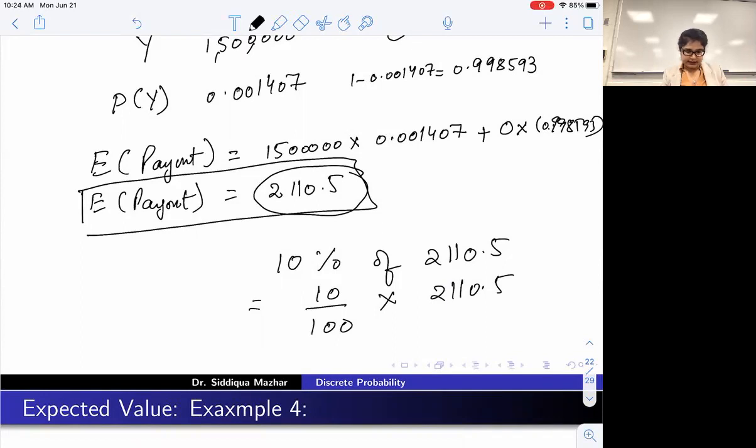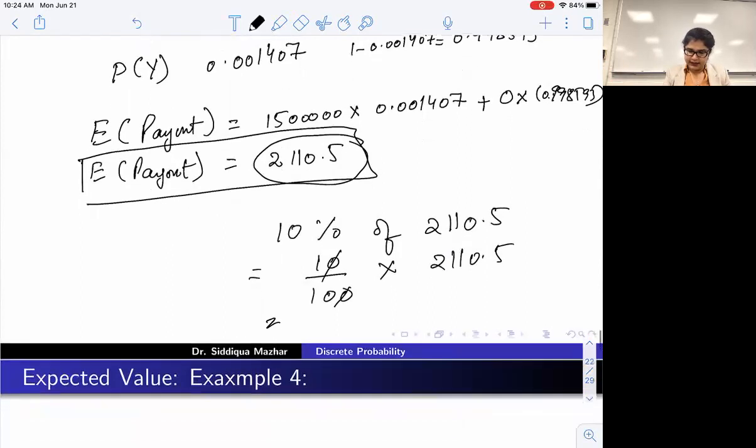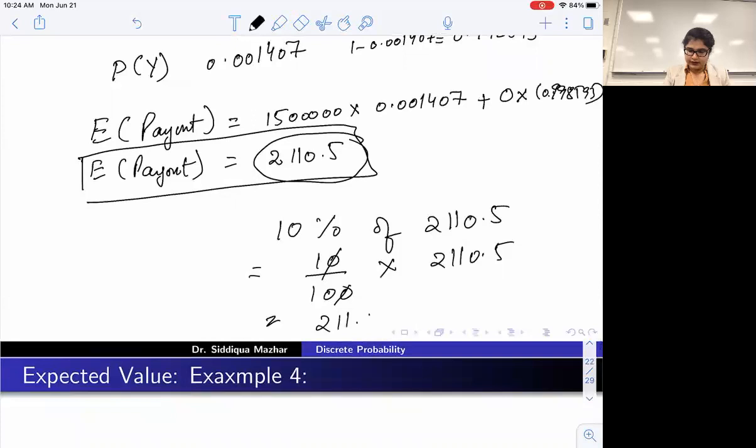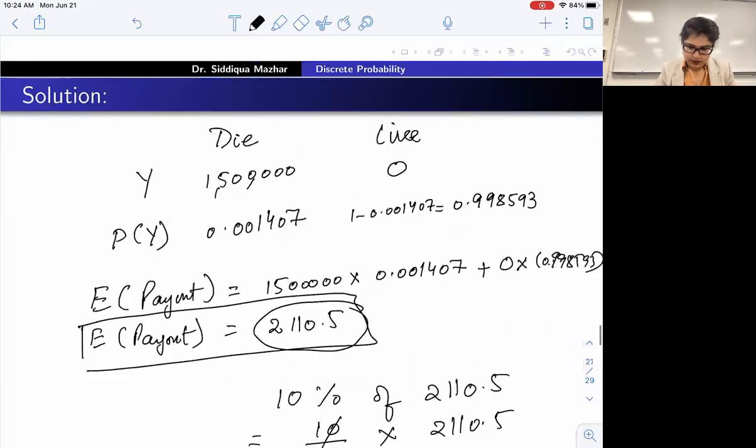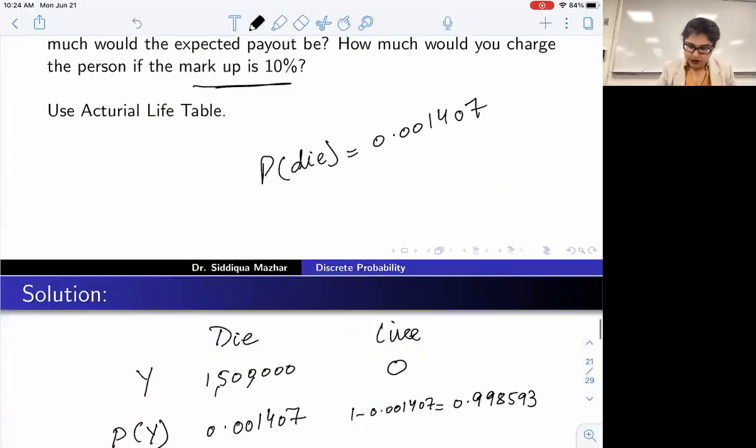So this is 211.05, of course, because just one decimal place. So the person has to pay this. This was in the question, how much he would be charged.